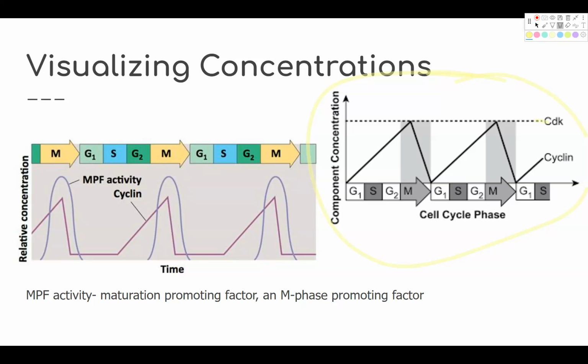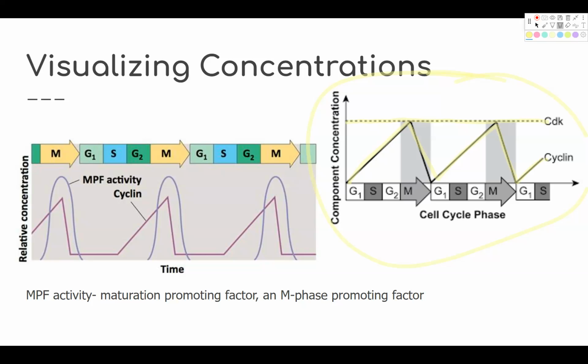Up here, this dotted line is the concentration of our cyclin-dependent kinases. They are always present in our cell. It is the concentration of the cyclins, this line down here, that changes throughout the cell cycle.